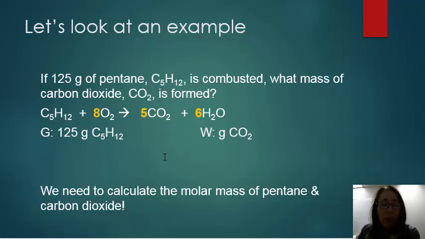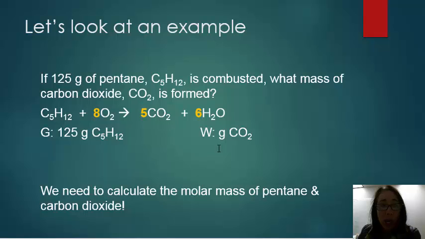If 125 grams of pentane, C5H12, is combusted, what mass of carbon dioxide, CO2, is formed? So here's our balanced chemical equation, which we must have, and we're going to clearly write what we're given, 125 grams of C5H12, and what we want, grams of CO2.